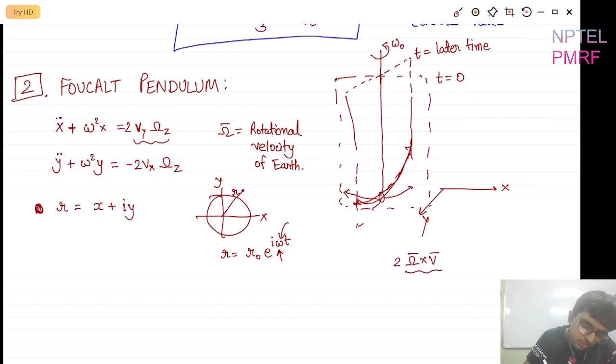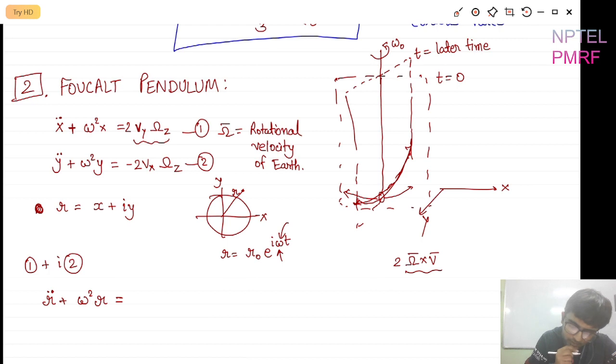Okay, so let's call these 1 and 2 and add both of them: 1 plus i times 2, so that the first term becomes r double dot plus omega squared r. Okay, and this term will be, let me just check so that I don't make any plus minus mistake, minus 2i omega z r dot.